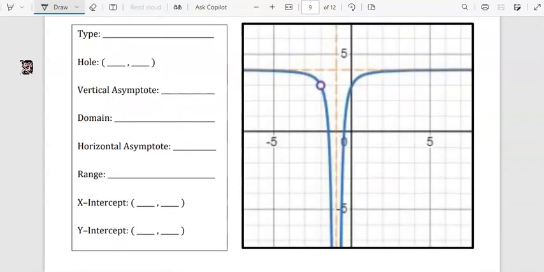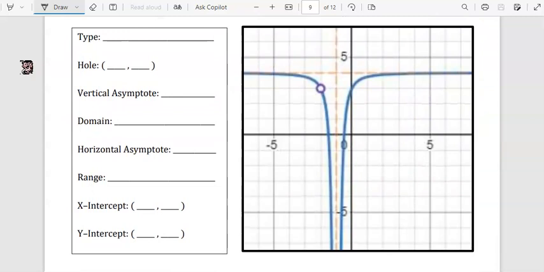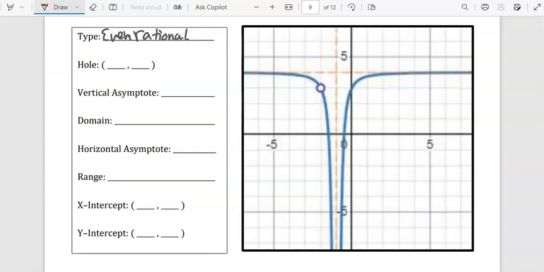Let's look at this rational graph. This one is an even rational function. The hole is right here at -2, 3.